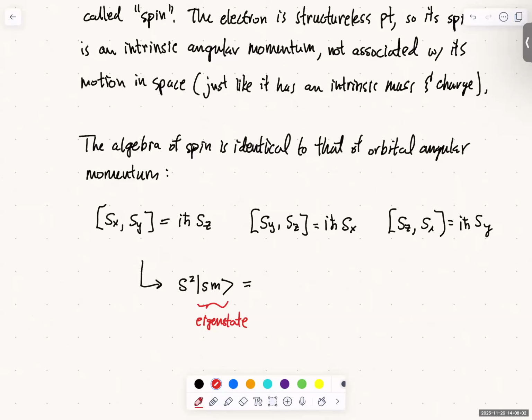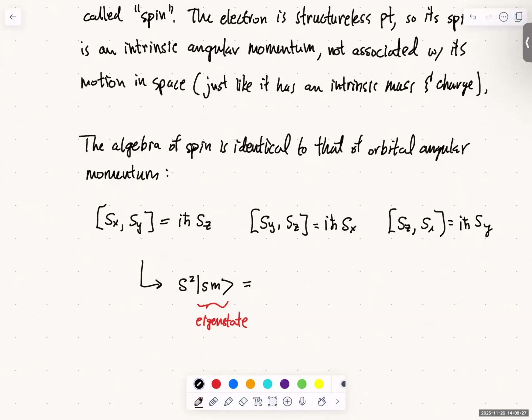Our electron has spin S and a Z component of the spin, which has an eigenvalue m. We can't write down the spherical harmonics because that all depends on position coordinates, and the spin has nothing to do with position of the electron in space.